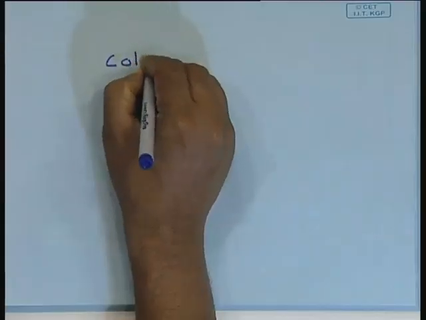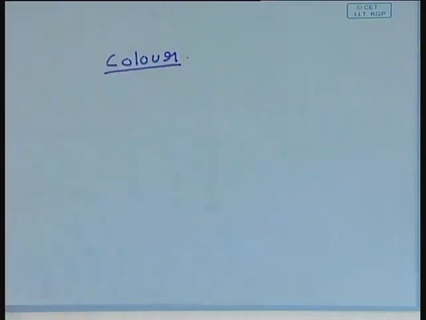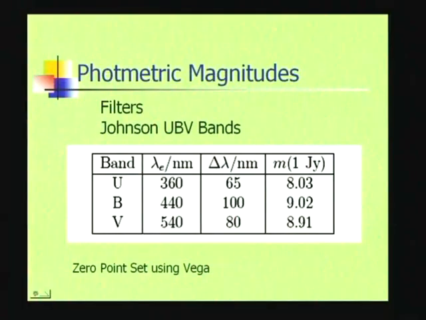Another thing which I should tell you is color. Color refers to the ratio of the fluxes in different bands. Okay.